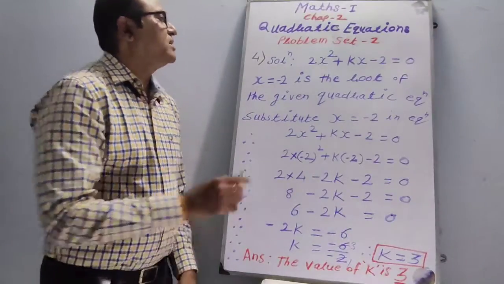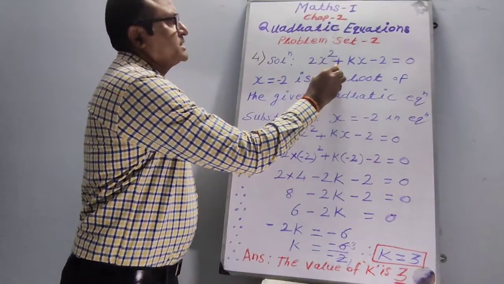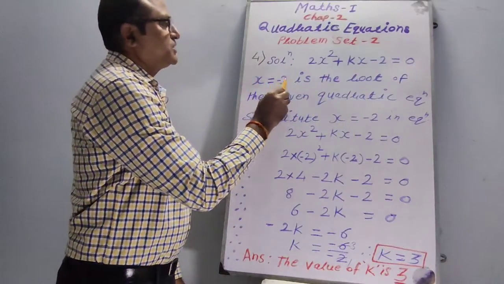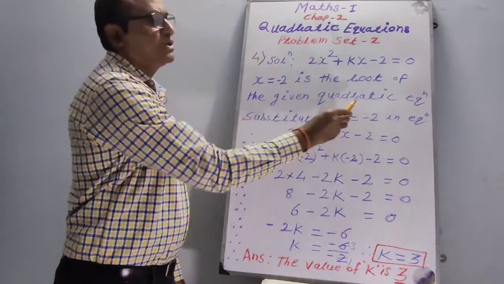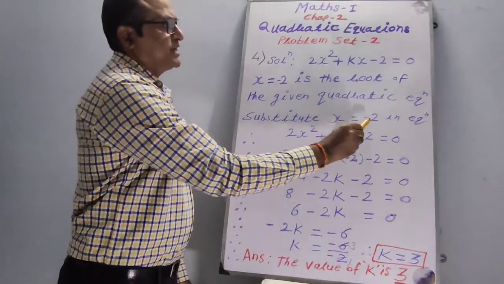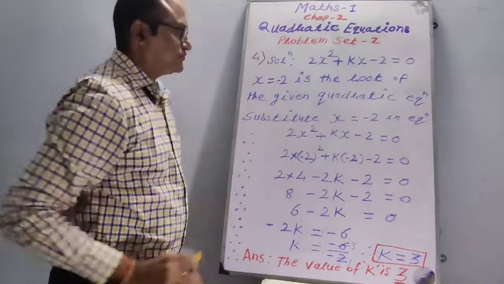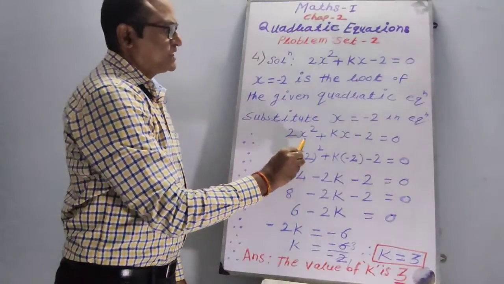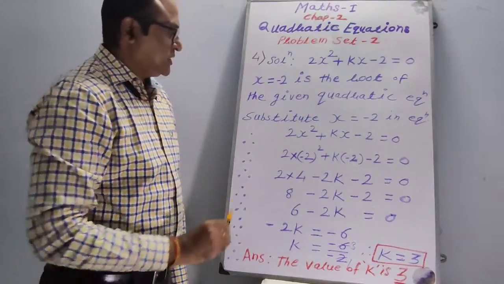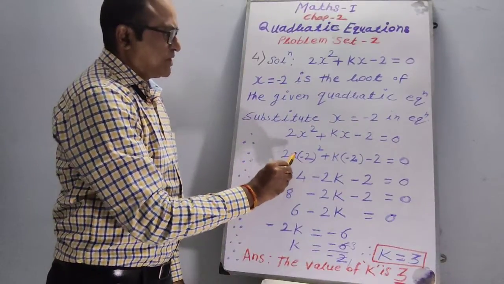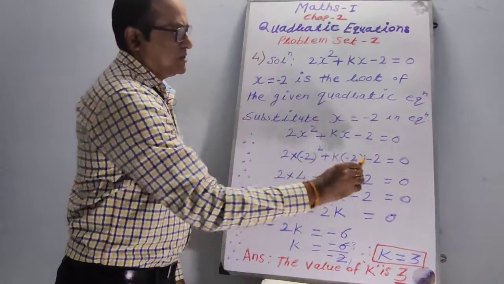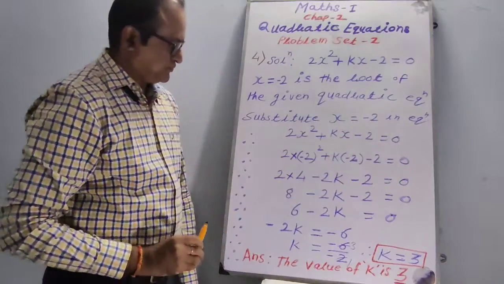Let's see. 2x square plus kx minus 2 is equal to 0. X is equal to minus 2 is the root of the given quadratic equation. Substitute x is equal to minus 2 in the equation. Therefore, 2 into bracket minus 2 square plus k into bracket minus 2 is equal to 0.